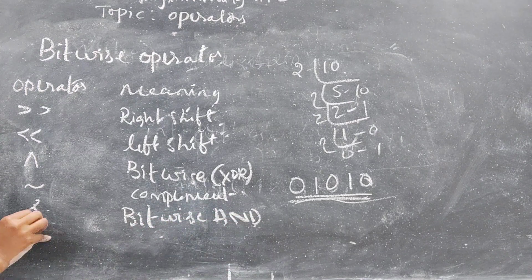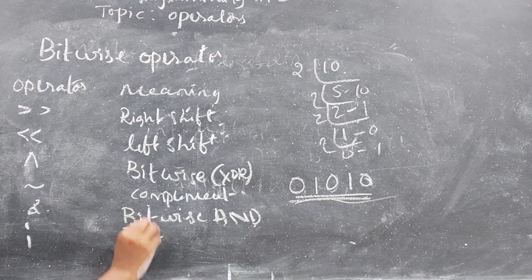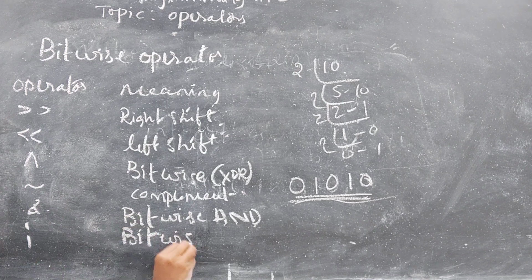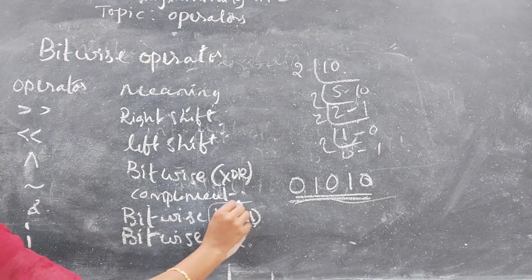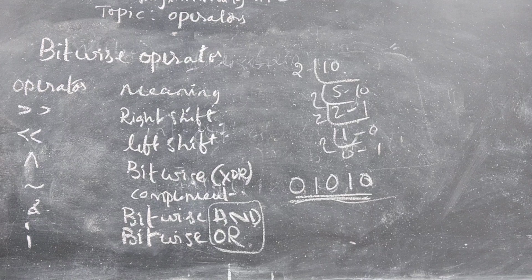Bitwise OR and AND we already used in the logical operators. Even though you note them down, I will explain this again.